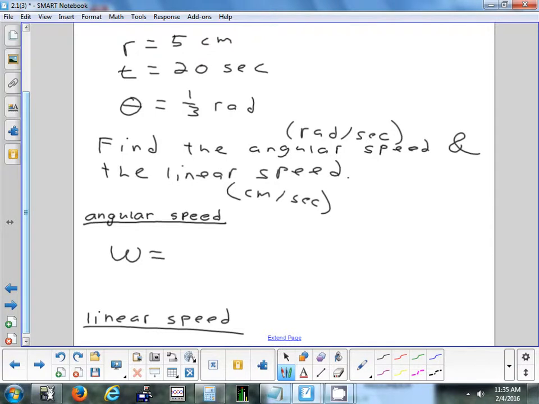What was our formula? The W equals what? Theta over T. So in this case, it's 1/3 divided by 20. Since I had a fraction in the top, I made 20 a fraction in the bottom. And then how do you divide a fraction by a fraction? Yeah, multiply by the reciprocal.